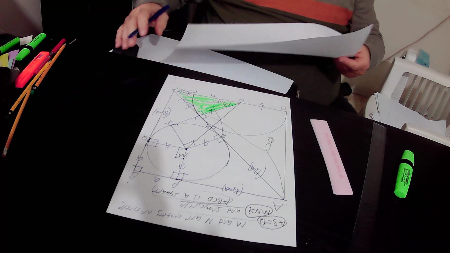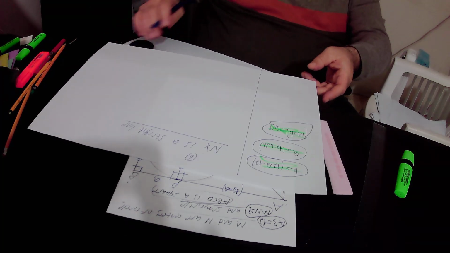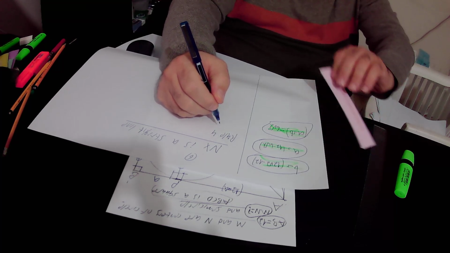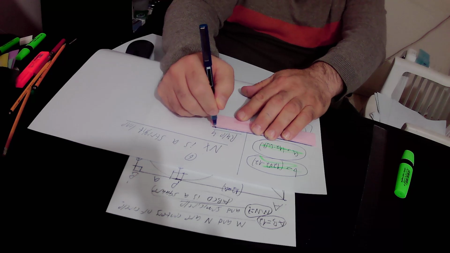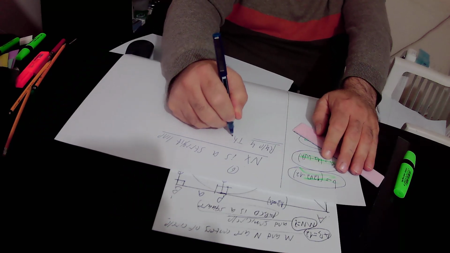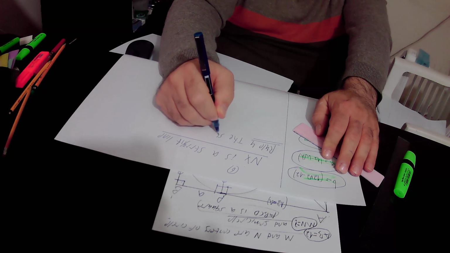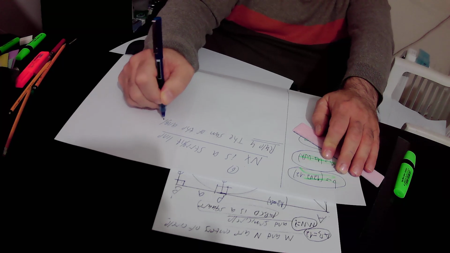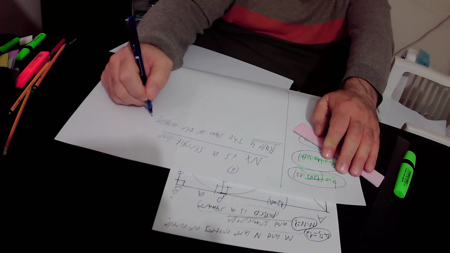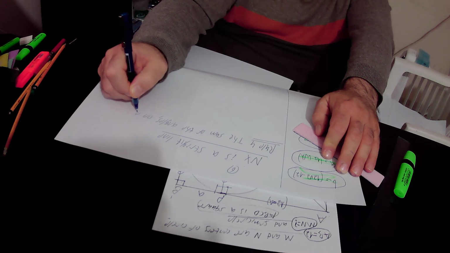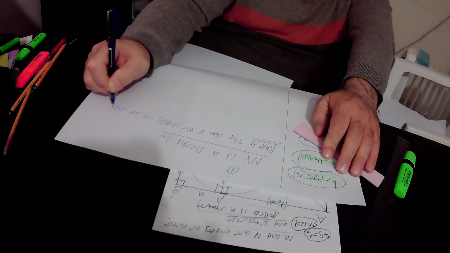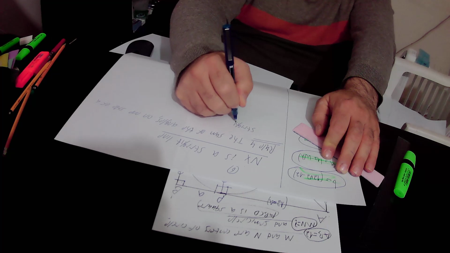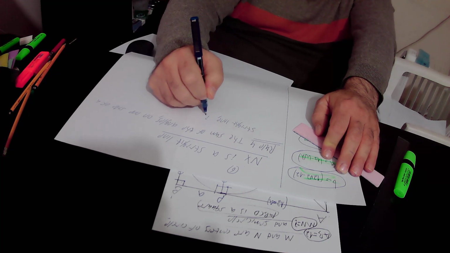We actually have rule number 4. According to rule number 4, the sum of the angles on one side of a straight line is equal to 180 degrees.